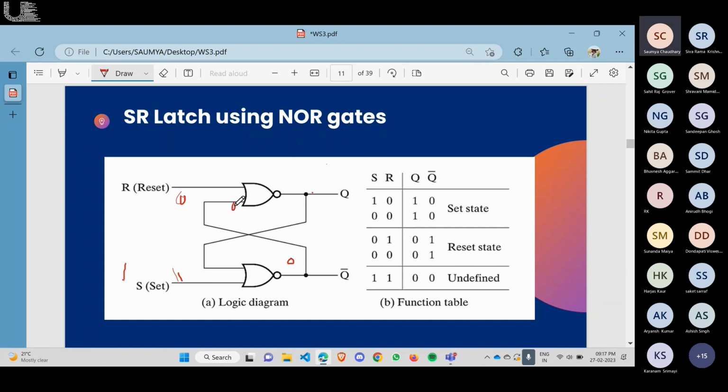Now we have 1 and 0, so the output of this NOR gate depends on the 1 and 0. A NOR gate will give 0 if we have 1 and 0. I have put S equal to 0 and R equal to 1. We will get Q as 0, and we call it the reset state. When the value of Q is 0, we call it the reset state. When the value of Q is 1, we call it the set state.